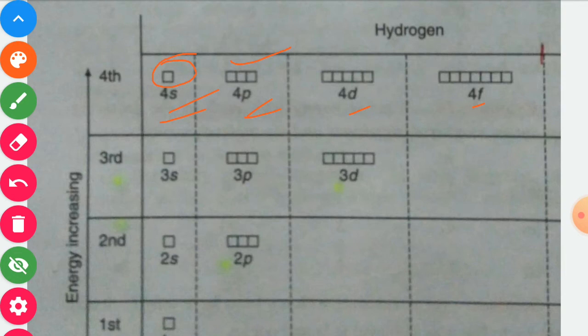In the case of the d subshell, five orbitals are found. These five orbitals are dxy, dyz, dzx, dx square minus y square, and dz square. And in the case of the f subshell, seven orbitals are found. This you already know. Similarly, in the third shell, s subshell, p subshell, d subshell are found.